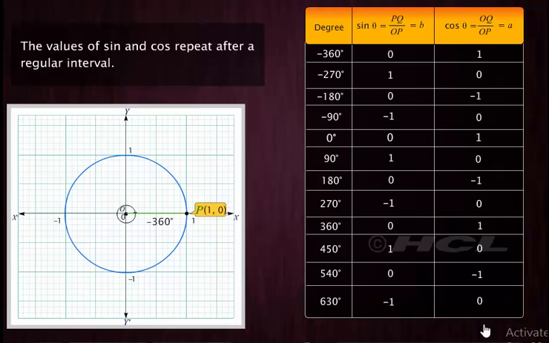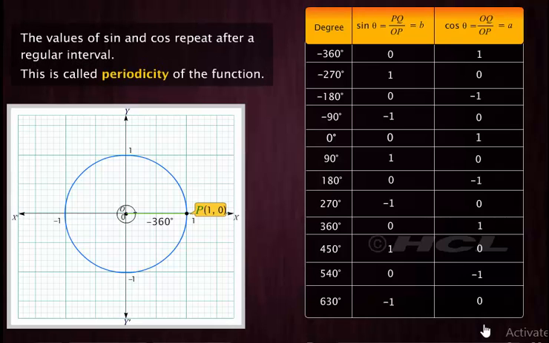Notice that the values of sine and cosine functions are not unique. The values of sine function are the same for certain angles, and the values of cosine function are the same for certain angles. In fact, they repeat after a regular interval. This is called the periodicity of the function. Let's find out the periodicity for sine and cosine functions.